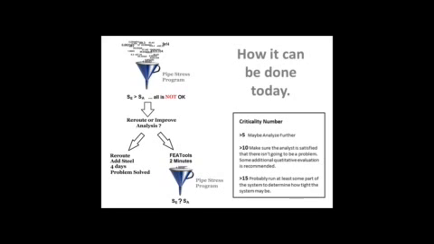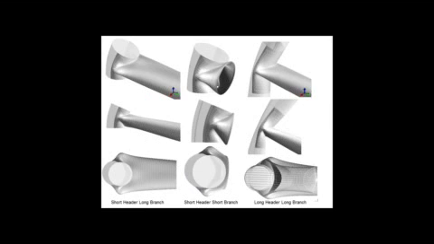Now that's how it has been done. How it can be done today, we hope, is that with FEA tools we can run these calculations in just a few minutes. We can use the criticality number to try to decide when we need to go in that path, and we can make better solutions for the gorilla problem in the room in a very project-friendly amount of time.